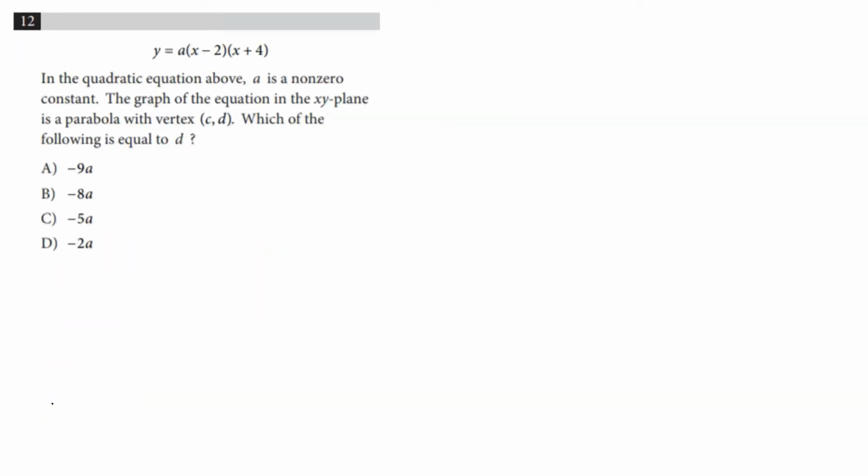Okay, so in the quadratic equation above, a is a non-zero constant. The graph of the equation in the xy-plane is a parabola with vertex (c, d). The question asks, which of the following is equal to d? We have this equation here, y equals a times (x minus 2) times (x plus 4).